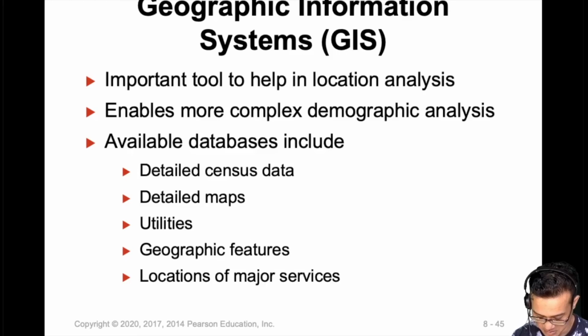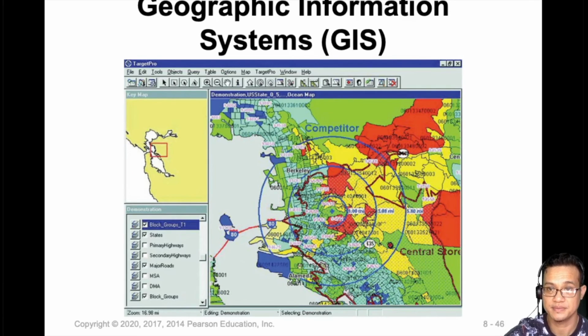Okay, next is the use of the geographic information system. This is an important tool to help decision makers with their location analysis. It enables a much more complex demographic analysis, and the available databases include census data, detailed maps, utilities, geographic features, and locations of major services.